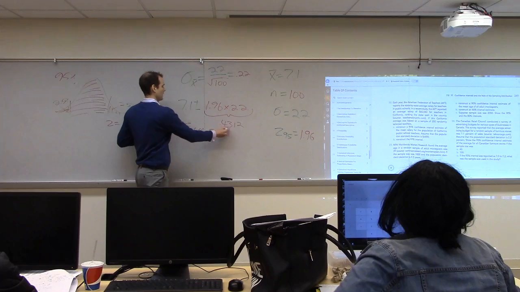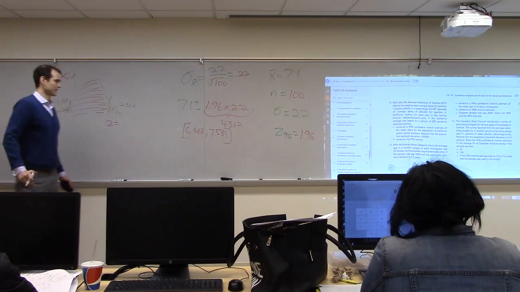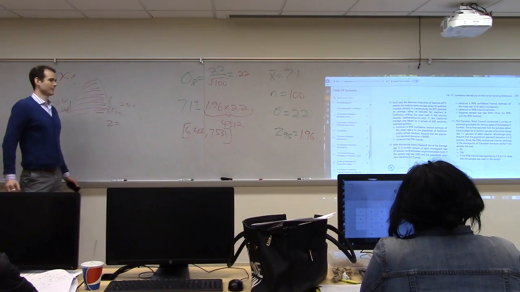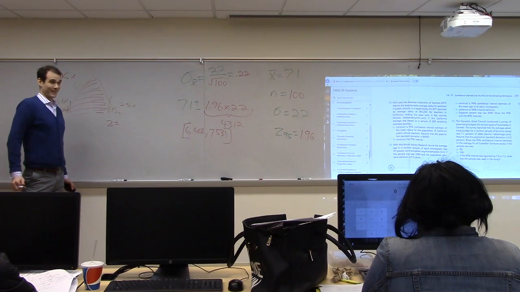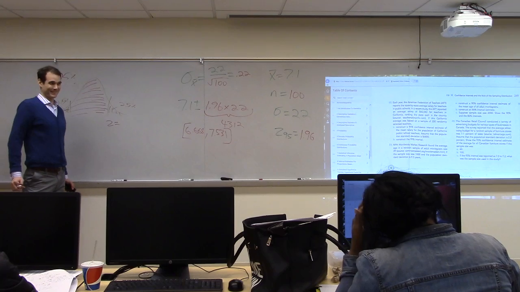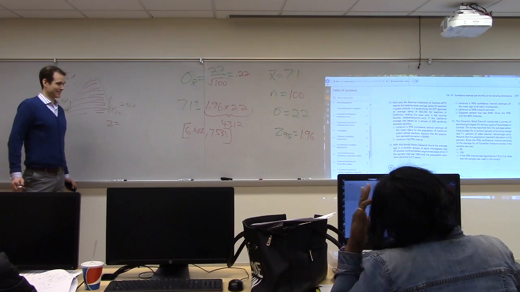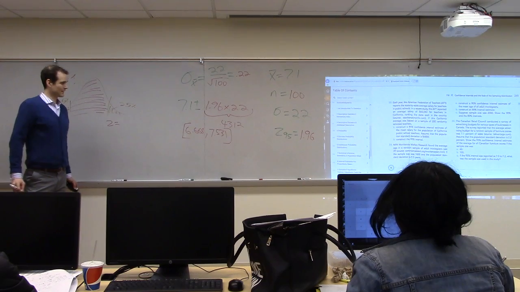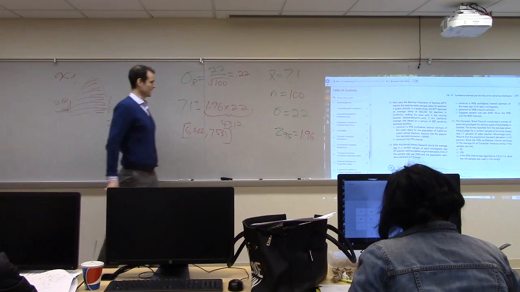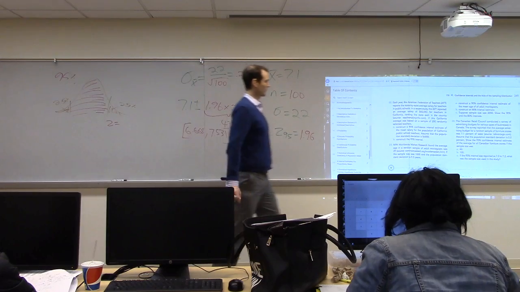Okay. Interpretation. We are 95% confident that our population mean will fall between 6.668 and 7.52. Very good. Outstanding.